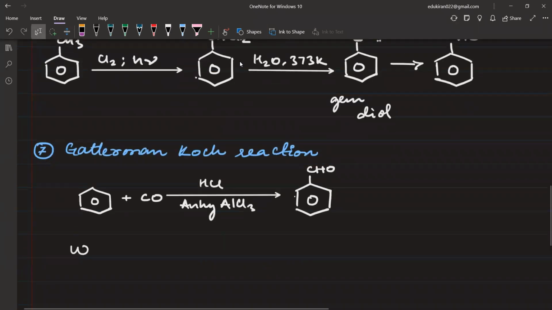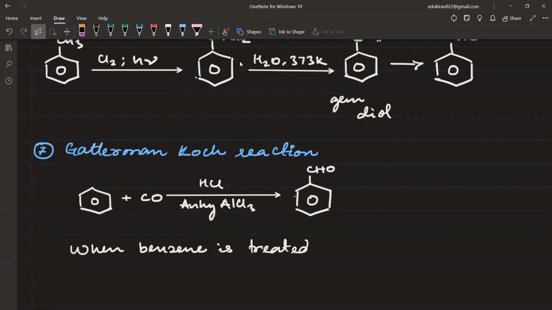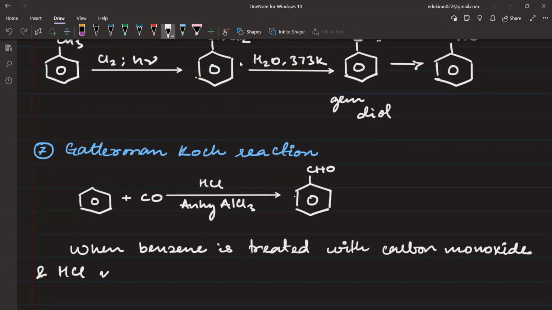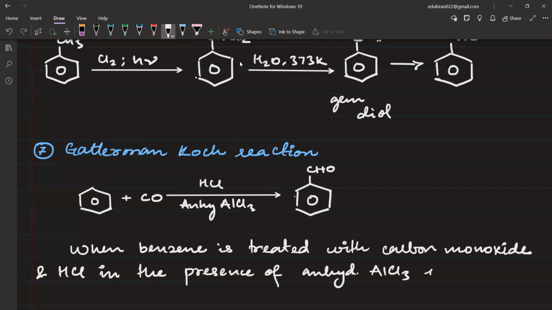This anhydrous AlCl3 is just a catalyst, and you can use other Lewis acids such as cuprous chloride, Cu2Cl2. It gives benzaldehyde.